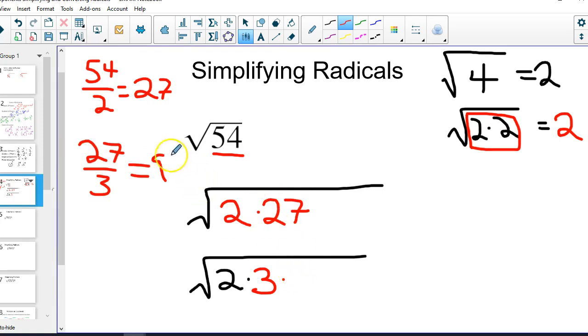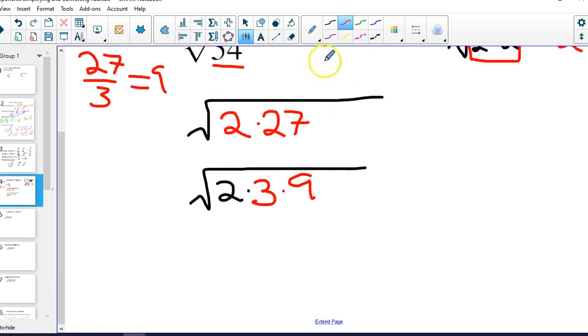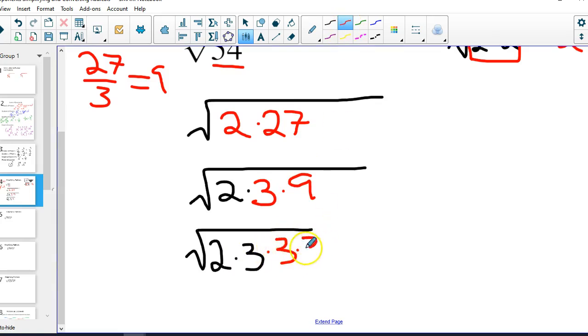And I know that 9 can break down into 3 times 3. So I have 2 times 3, and my 9 will break down into another 3 times 3. Let's see how many pairs we have.